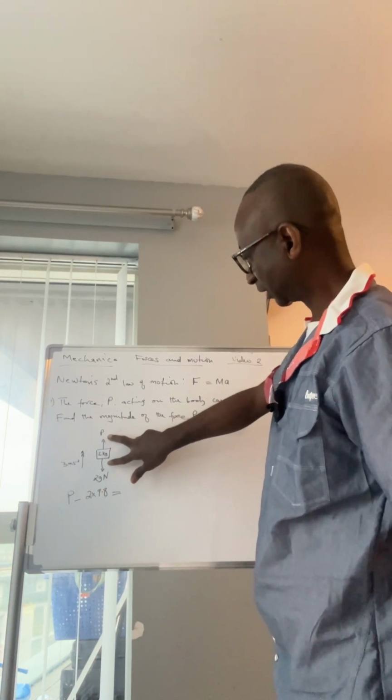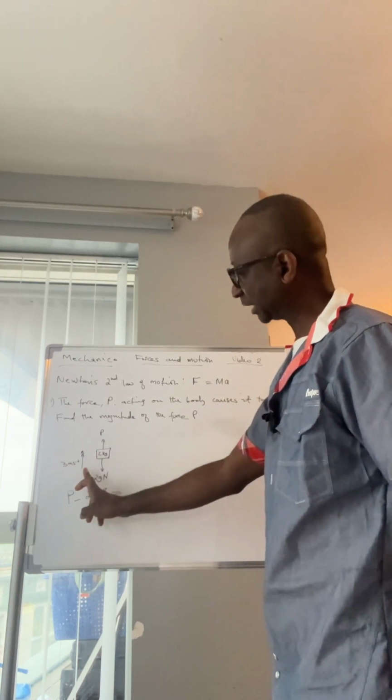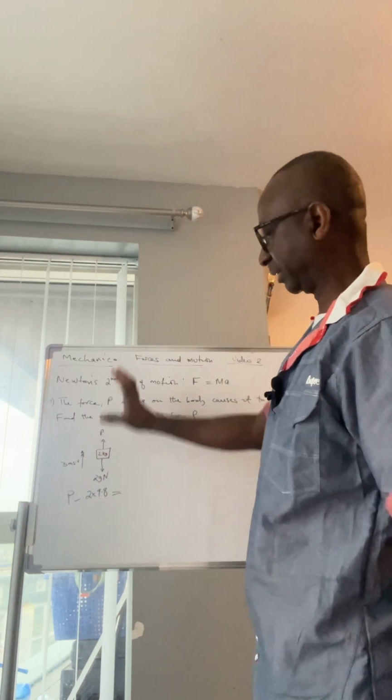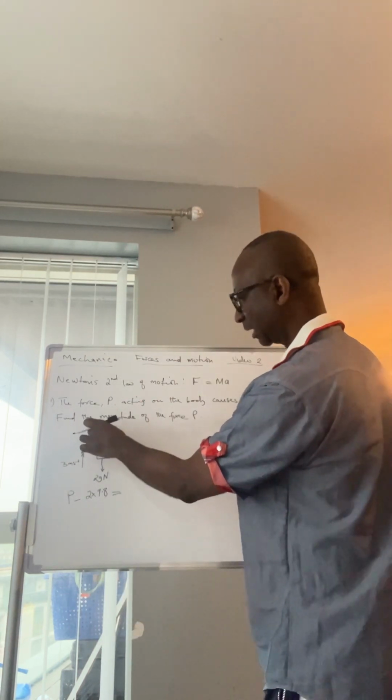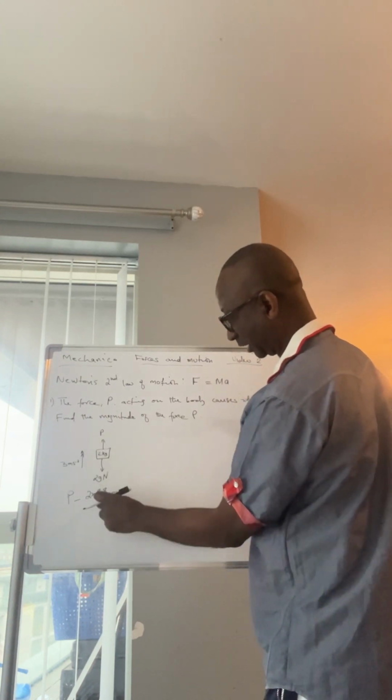This net force, P minus 2g, because the particle is accelerating, is going up. So this force here must be greater than this. That is why we are subtracting this from this.